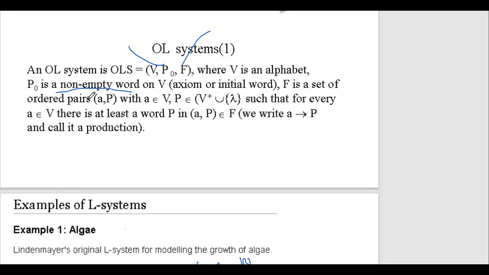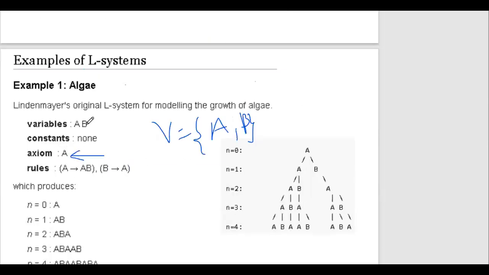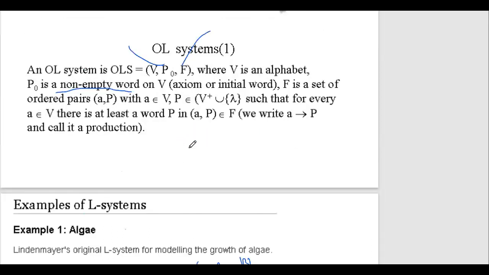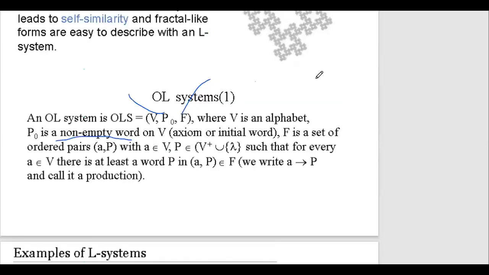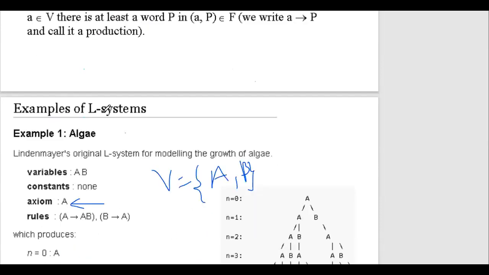If you have this kind of ordered pair, A is a variable, because we have a rule for it. This kind of structure is called Lindenmayer systems.